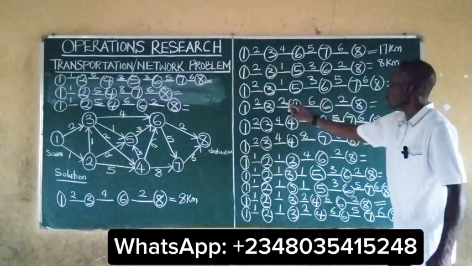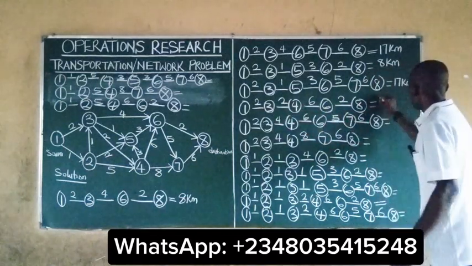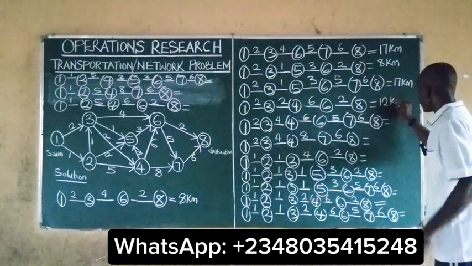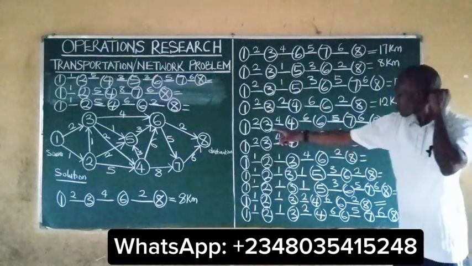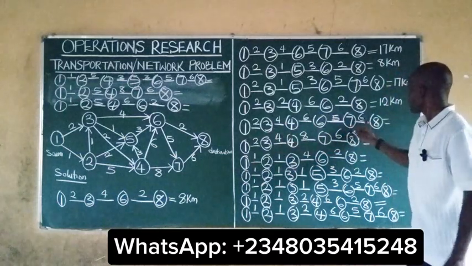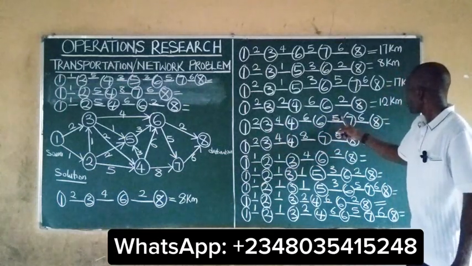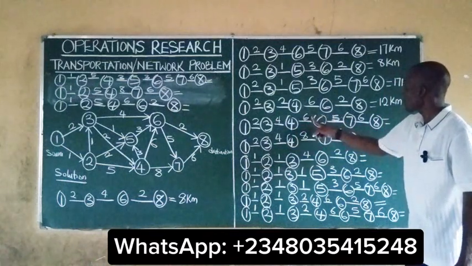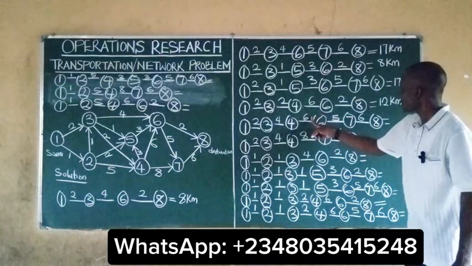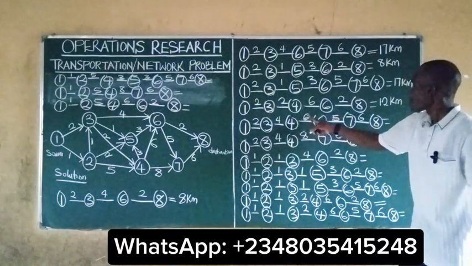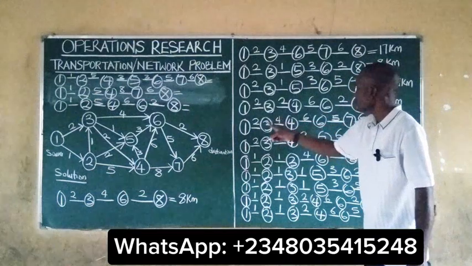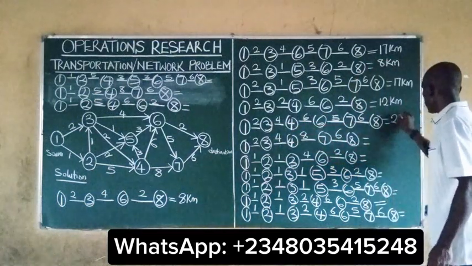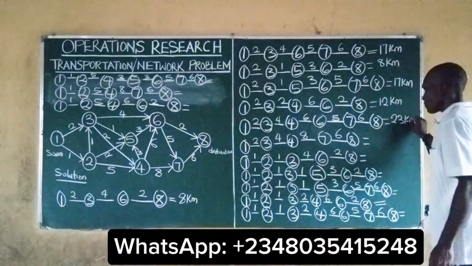Here we have 8, 10, 12. 12 kilometers. Also here we have this 11 plus 6, 17 plus 4, 21, 23. 23 kilometers.